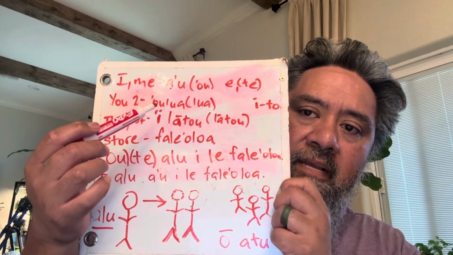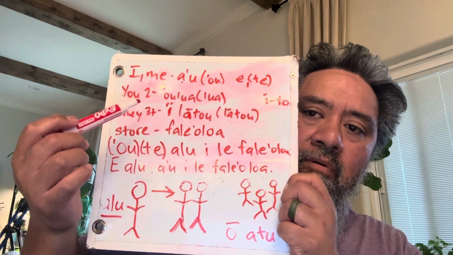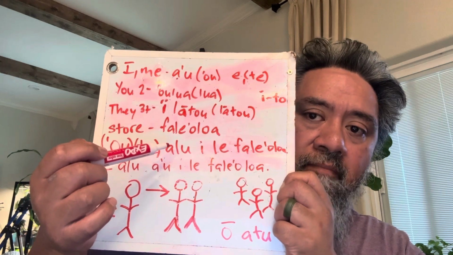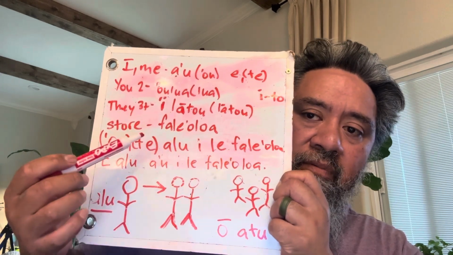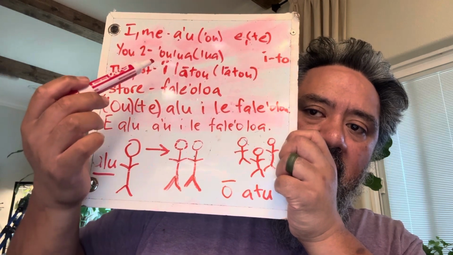Olua, right? Olua te alu. Oh, not alu. Olua te o atu i le faleoloa, right? So we just moved, instead of o, we said.